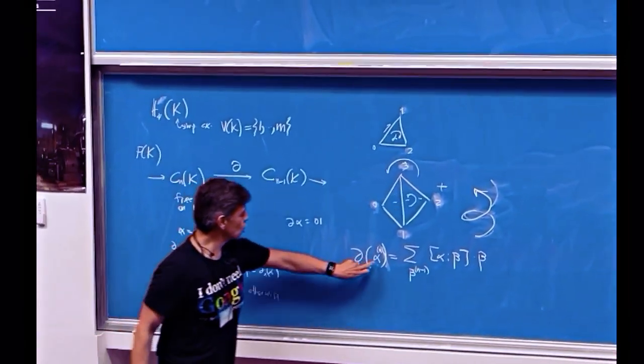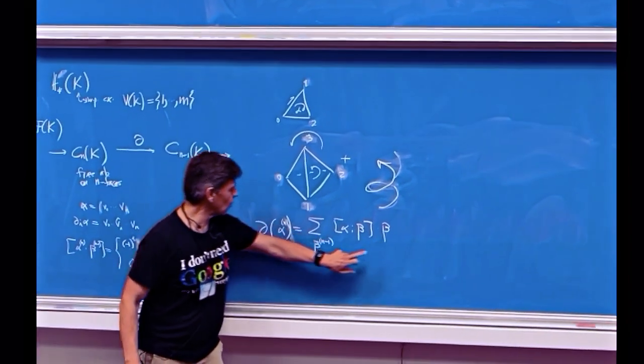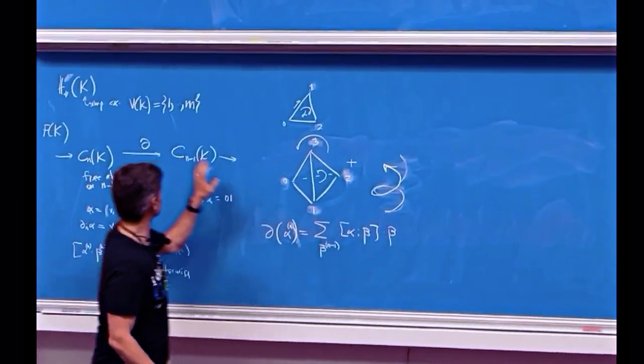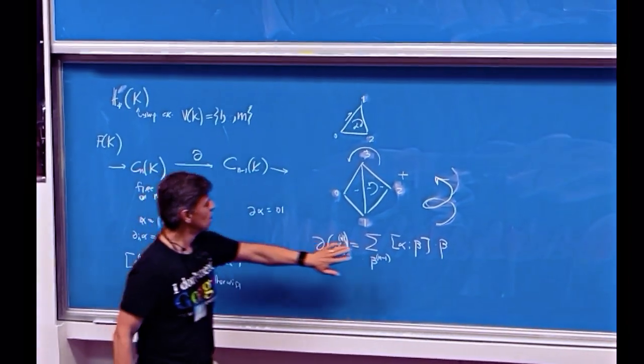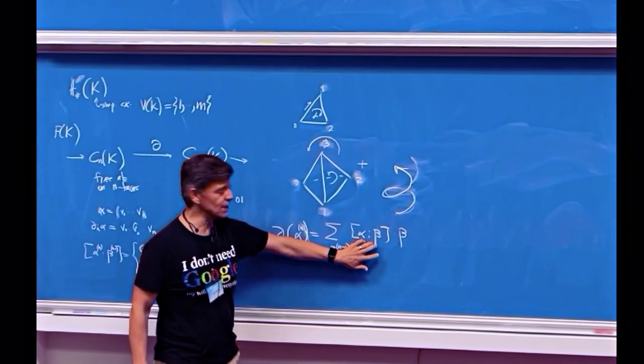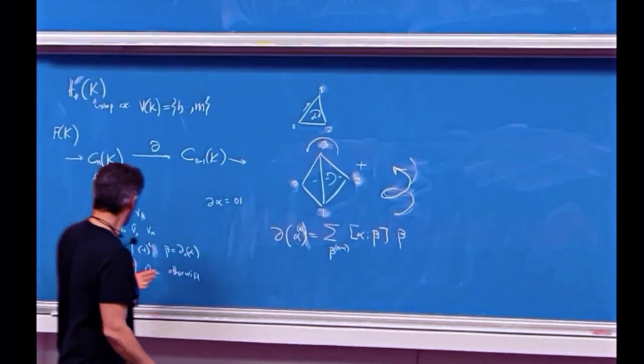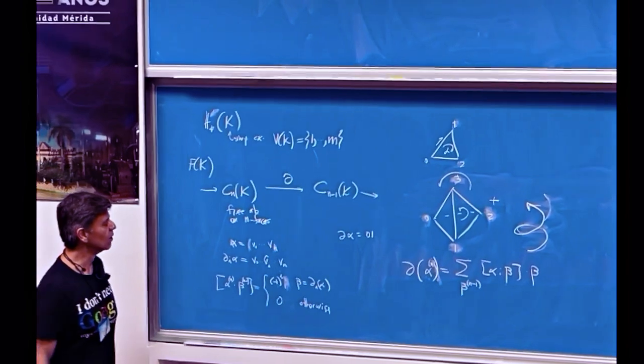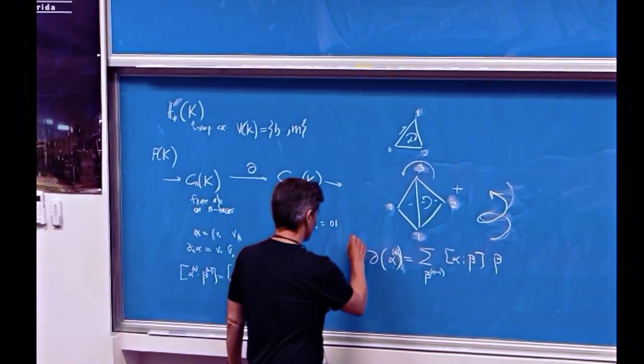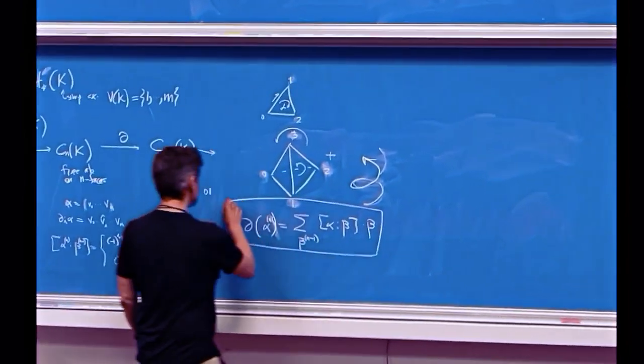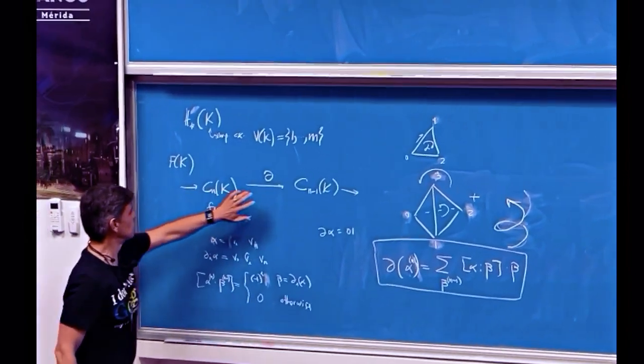So this touches essentially, in principle, all the faces here. It's supposed to be a linear combination, but it's really touching those that make up the boundary of alpha. Okay, so this is basically how you define this.